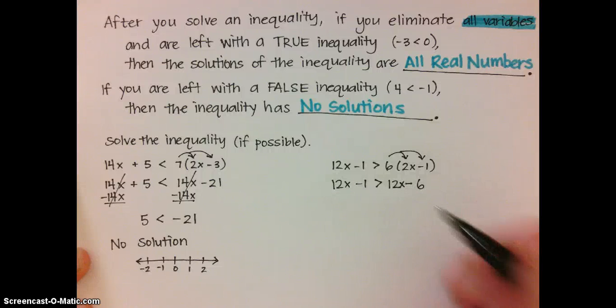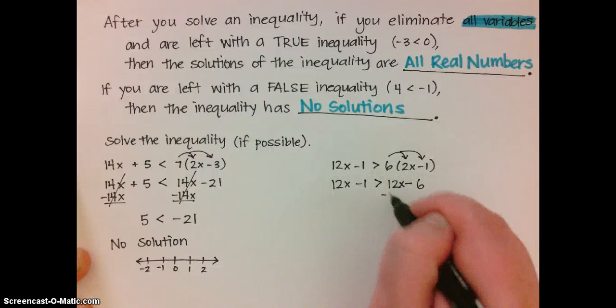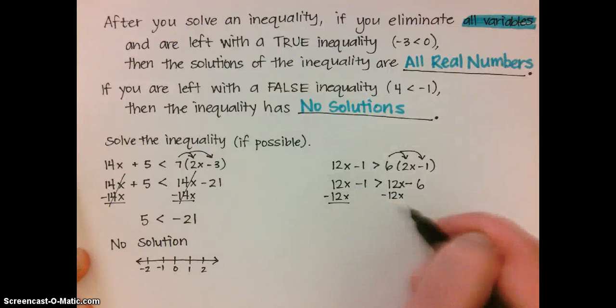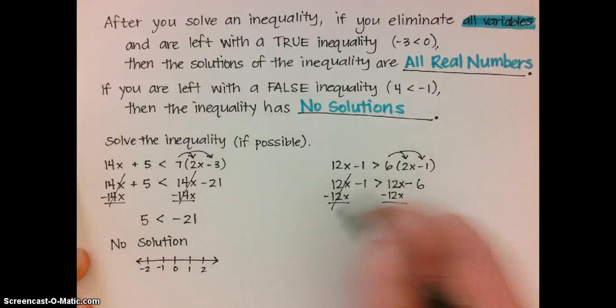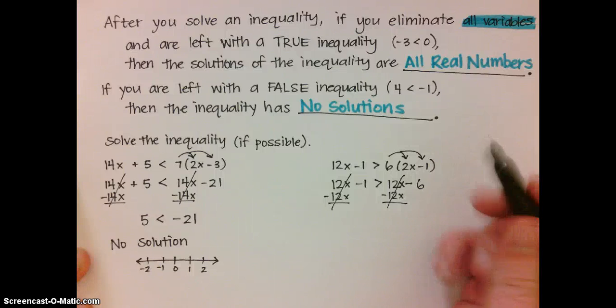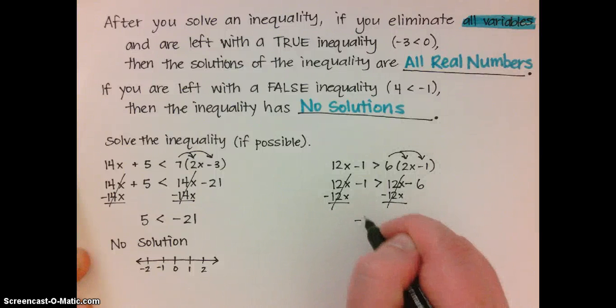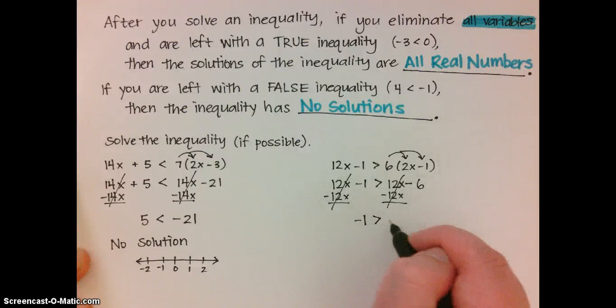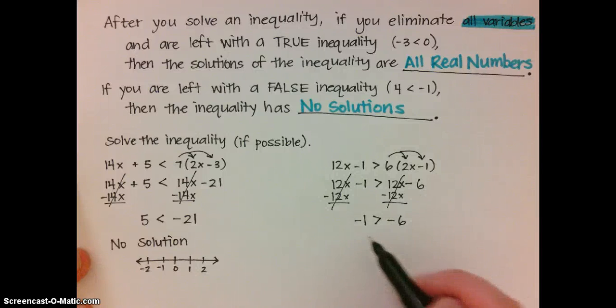Okay, I'm going to combine my variables, so subtract 12x on both sides. The 12x's cancel out, so I'm left with no more variables. I've eliminated all of them. So I'm down to -1 is greater than -6.